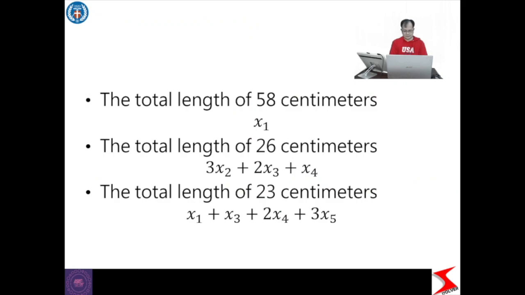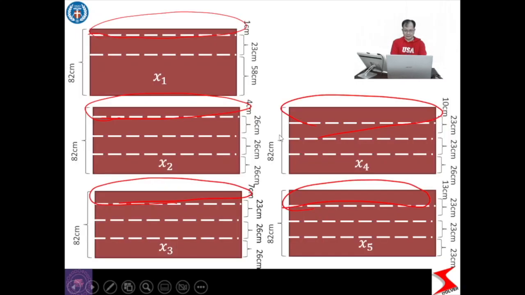So in order to meet the demands, we need to know the length of the papers. For the 58 centimeter spec, the total length is X1, right? Because we only have one way to cut 58.